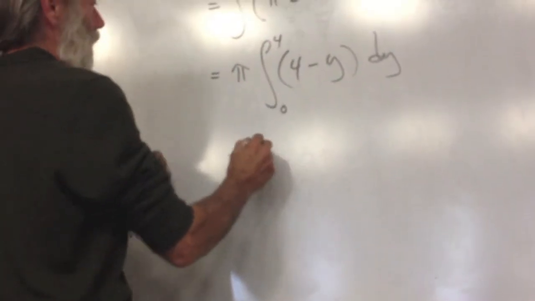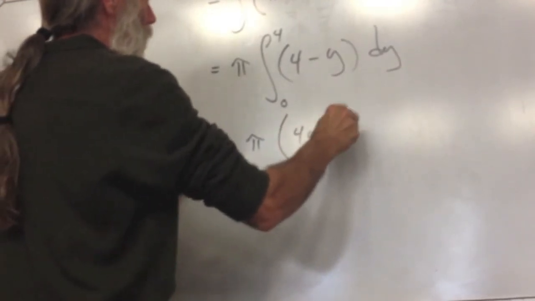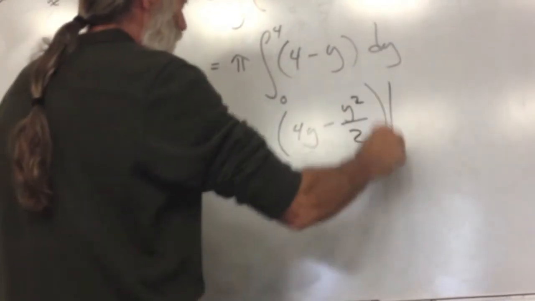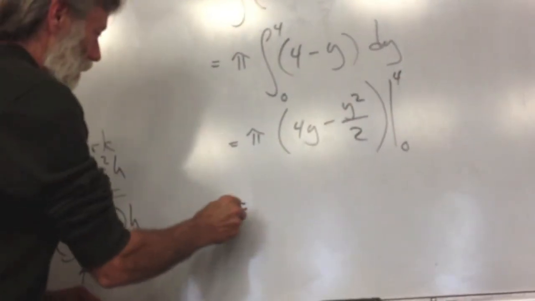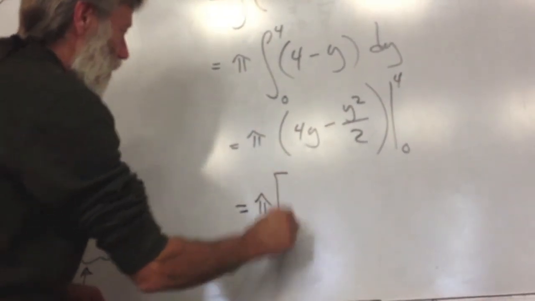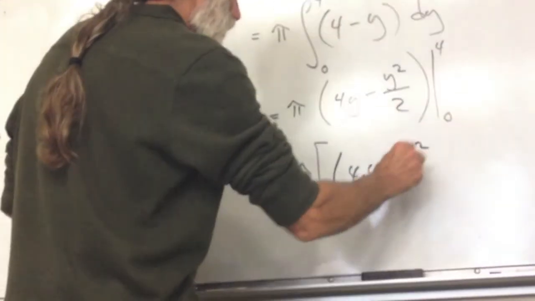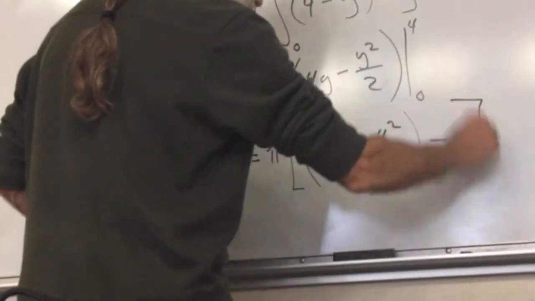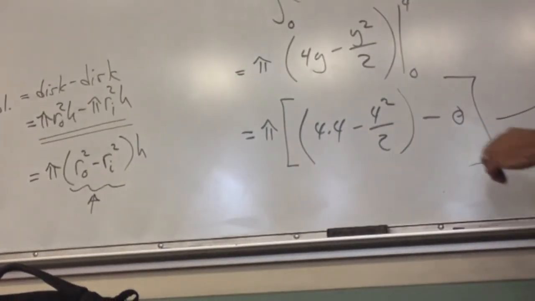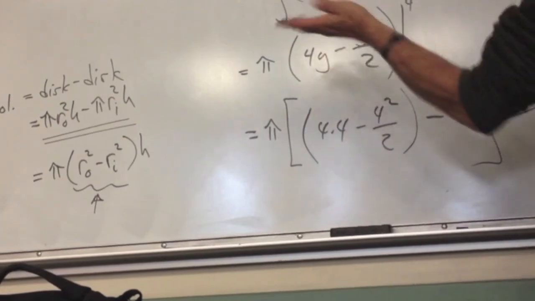So we have a pi and a 4y minus y squared over 2 from 0 to 4. So that's pi with 4 times 4 minus 4 squared over 2, less 0, we get 0 for both, so that's 0. Well, that's 16 less half of 16, so that's 8 pi.